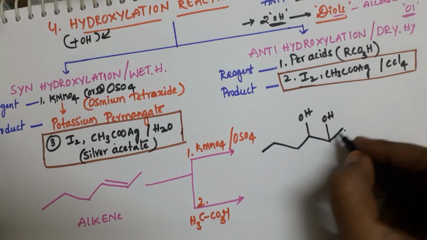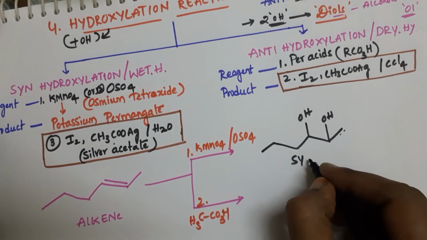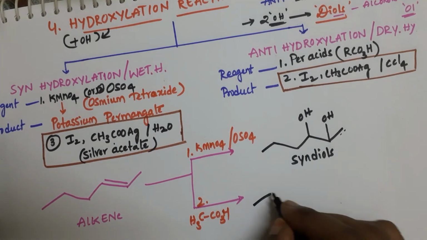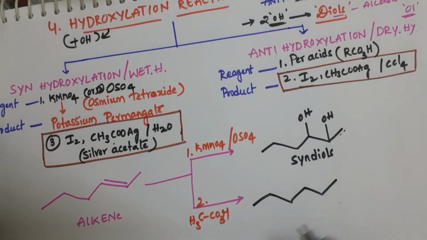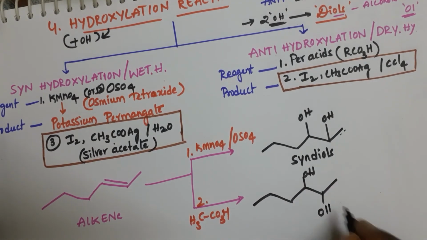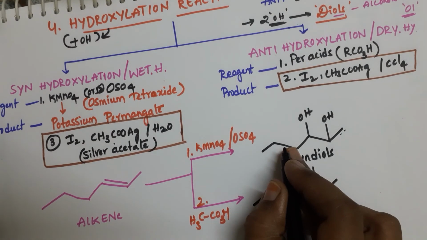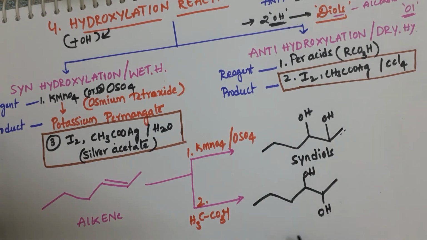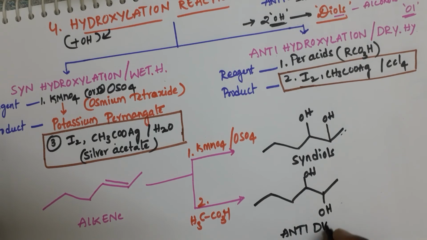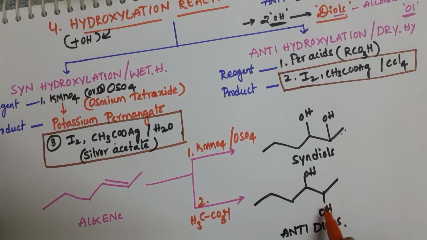Both are on the same side, so it is called a syn diol. In the second, with six carbons, one OH is on the upper side and one OH is on the down side. So this is called an anti diol. Here we got two OH groups on adjacent carbons, and that's why it is called a diol reaction.